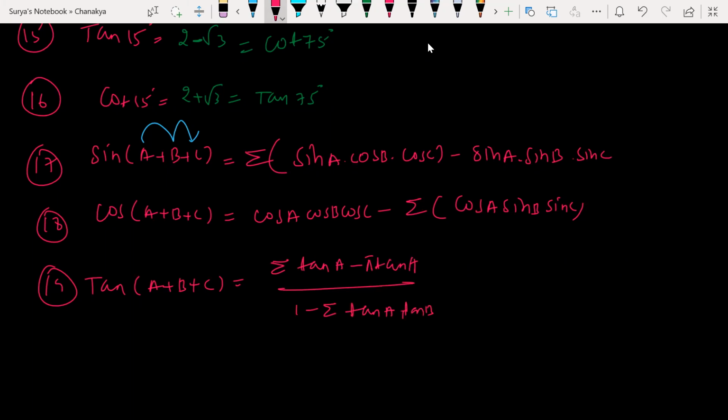All right. Now guys, look at this. Can you identify the trick to remember this? In the numerator of tan of A plus B plus C, is it minus or plus?